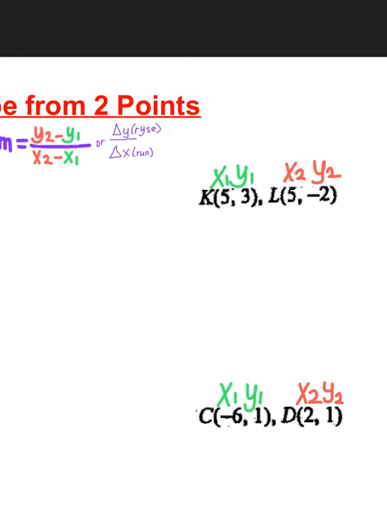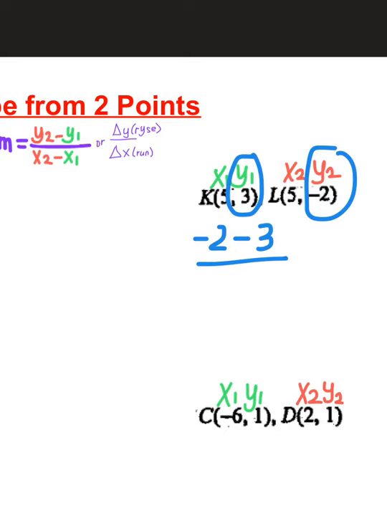So my y2 here is negative 2 minus, then my y1, 3, over, then my x2 minus my x1. All right, do my calculations. Negative 2 minus 3. The signs are the same. If I do my integer rules or just type it in the calculator, it's negative 5. And 5 minus 5 is 0.